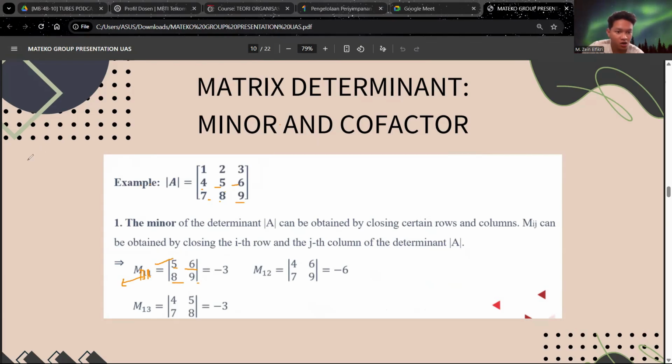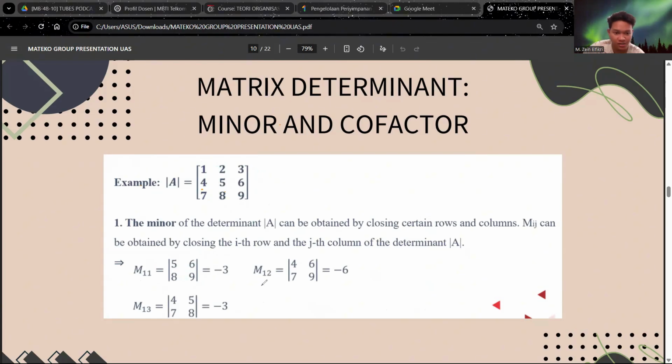Then M11: we close the first row and the first column. Then we have this, 5, 6, 8, 9. It's equal, right?